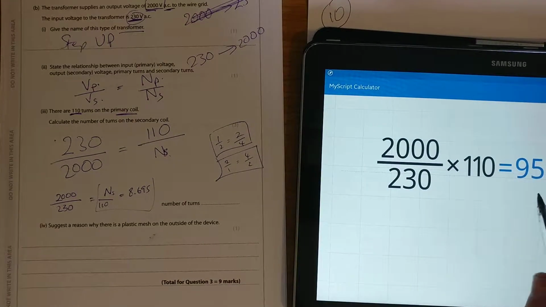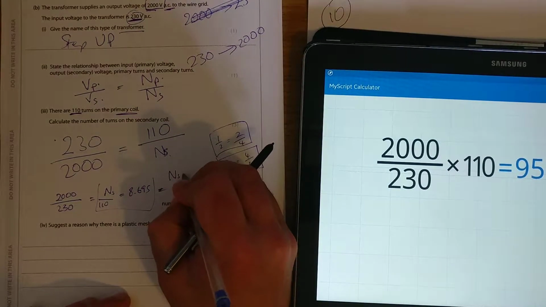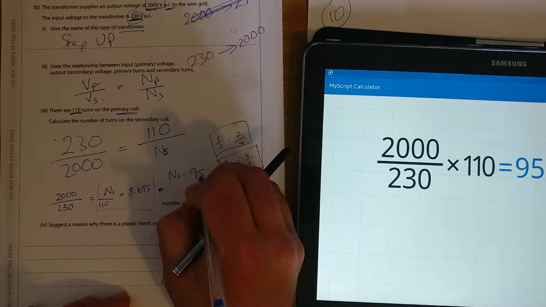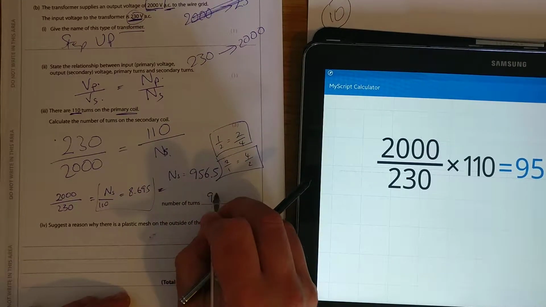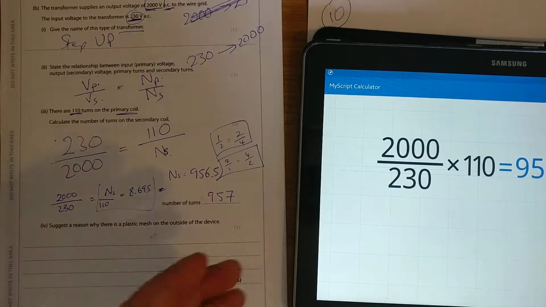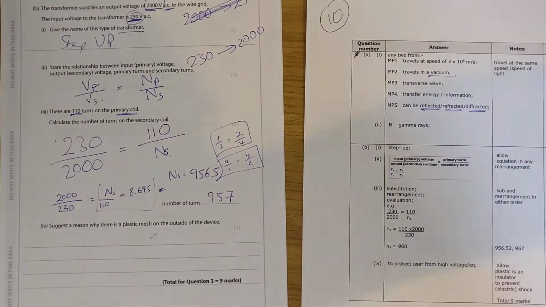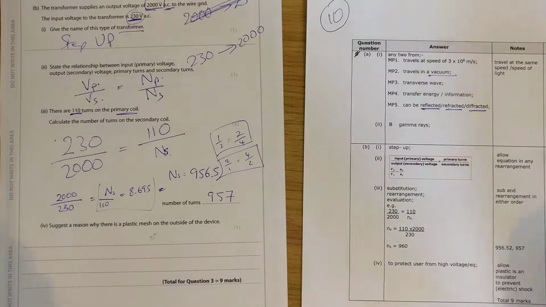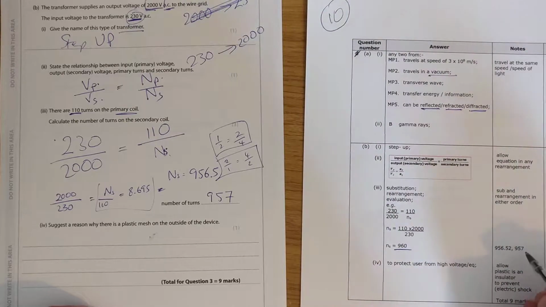And we get 957 roughly. So NS equals 956.5, and I'm going to write down 957 because when it comes to number of turns in a transformer, you don't usually deal with decimal values. And it says here 960, and 957 is fine.